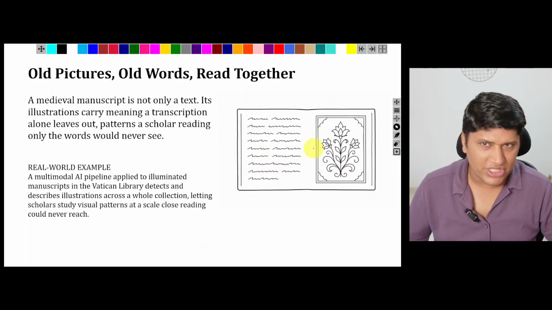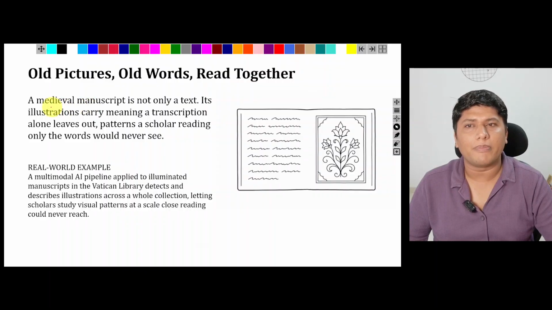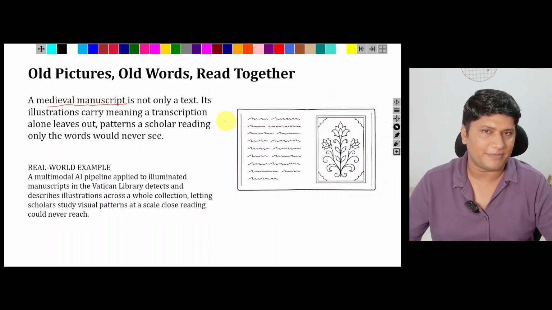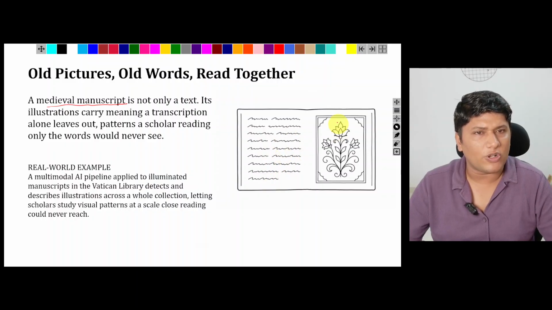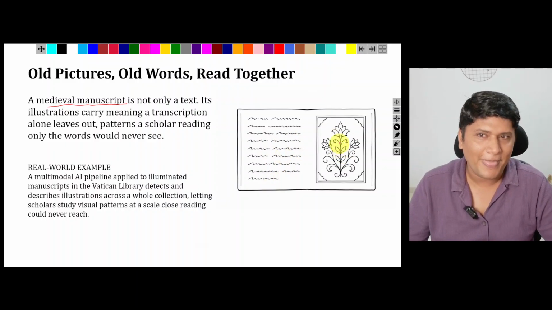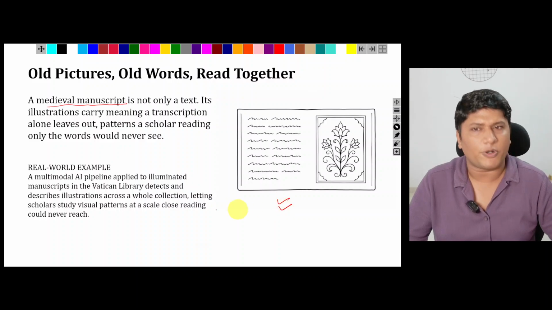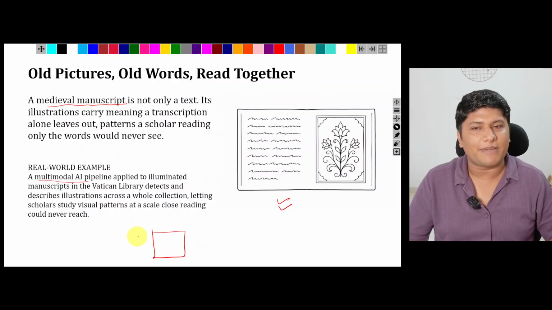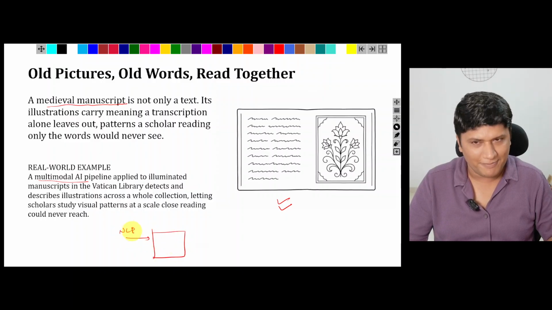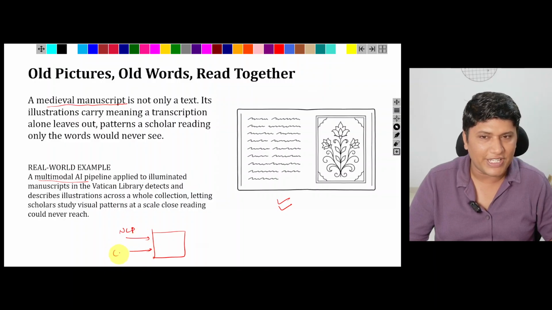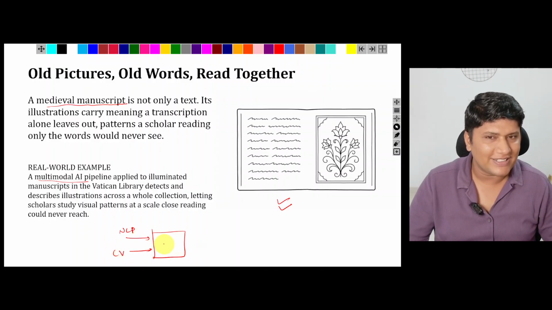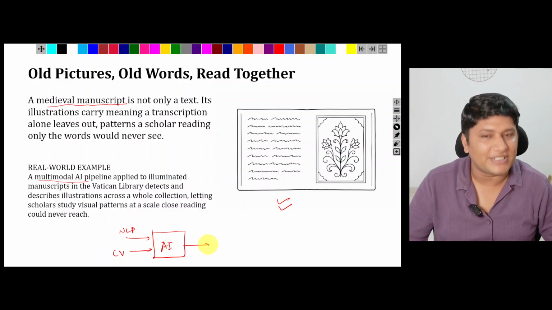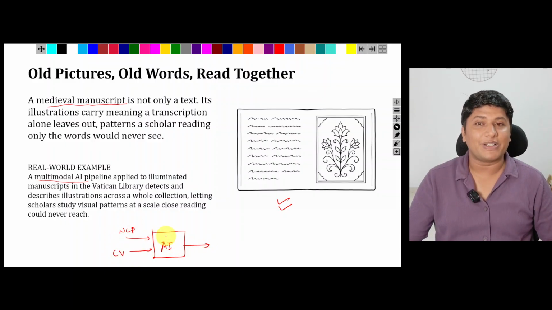Next, about English. If you are reading a medieval manuscript, it does not only have text, it will also have some sketches, okay? And that could be best processed by a multimodal AI pipeline. By multimodal AI pipeline, again, let me remind you, we are using NLP to process text. We are also using computer vision to process the images, and then collectively that becomes a multimodal AI.